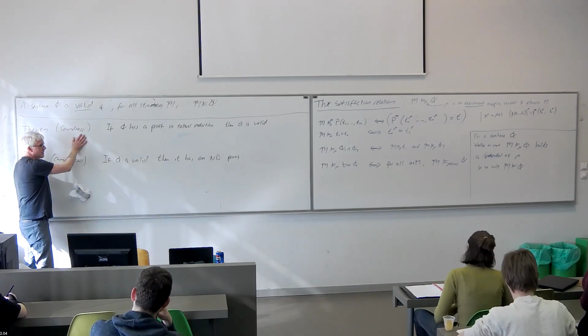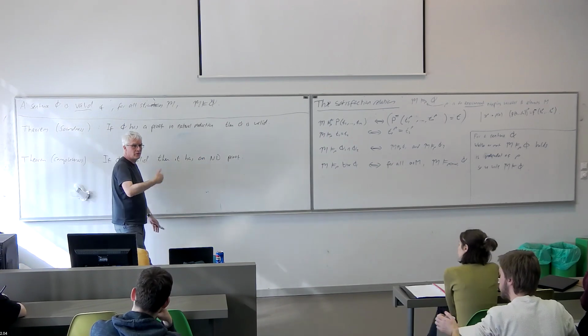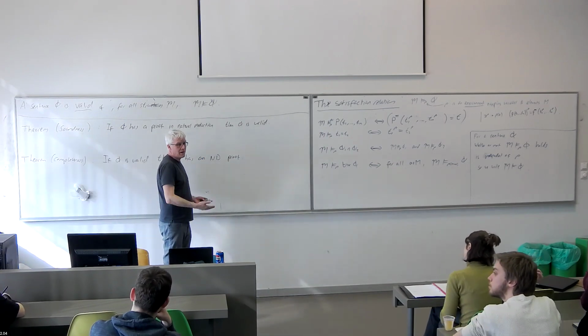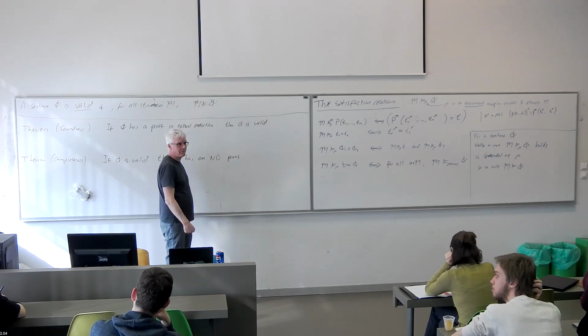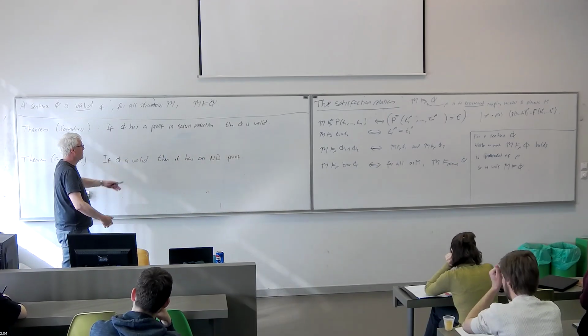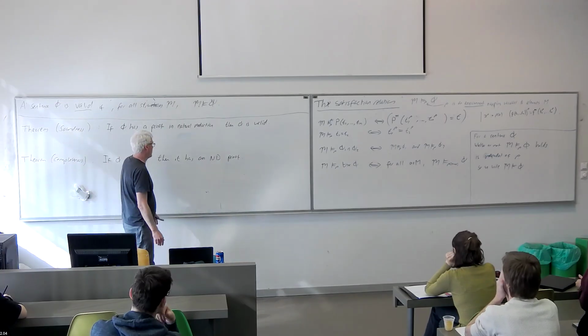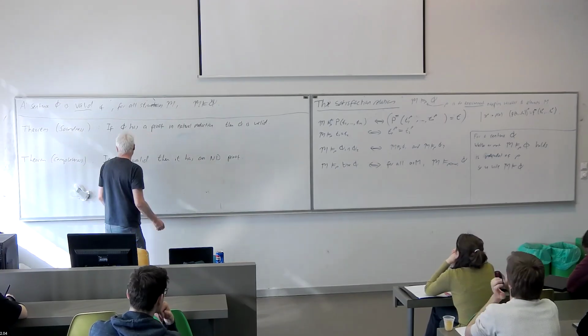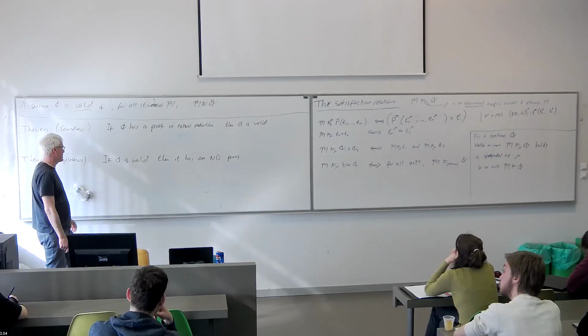Soundness is basically you show that all the rules are only making correct logical steps. And so by induction on the length of the proof, you can establish that every proof is valid. It's a little bit more involved than that, but that's the idea.